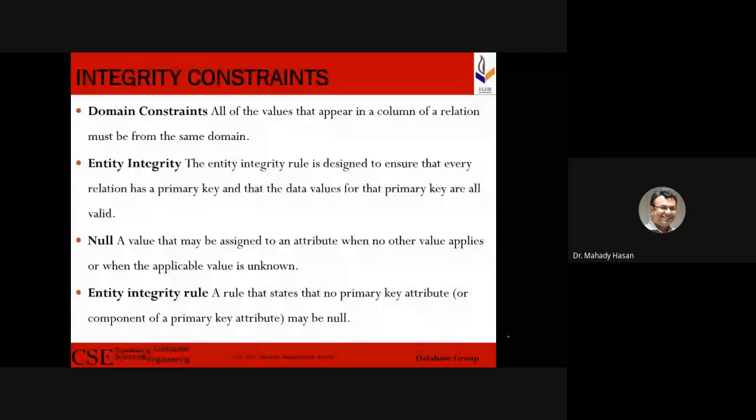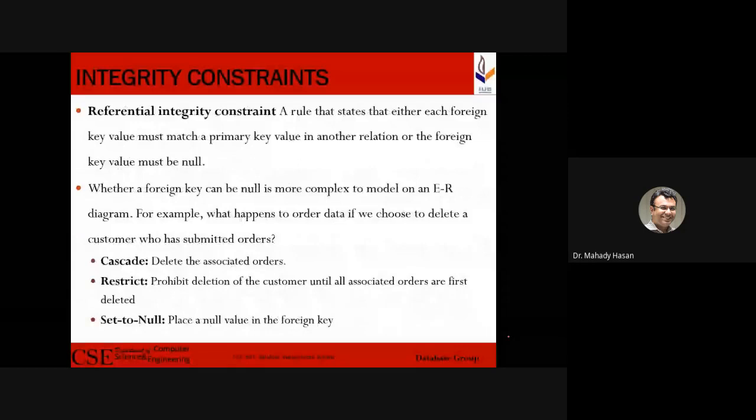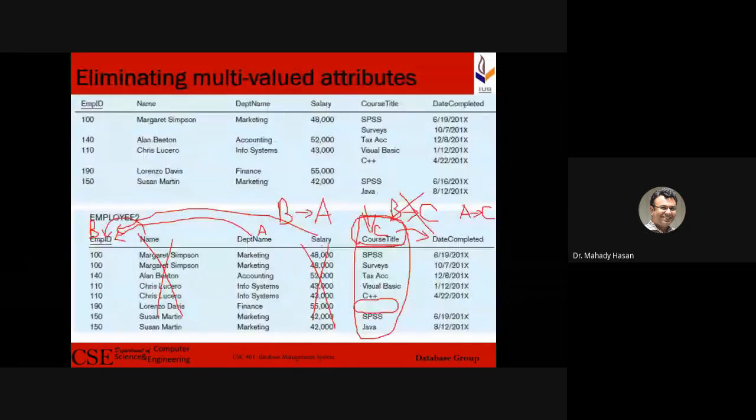The next part is referential integrity. So referential integrity means we have some relation with one table to another, as you can see, department name. We have mentioned here, department name is what type of attribute?